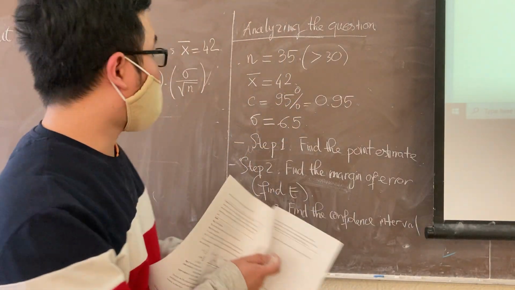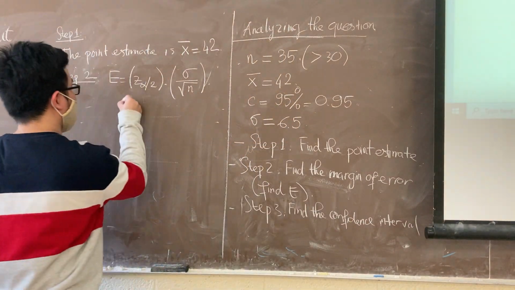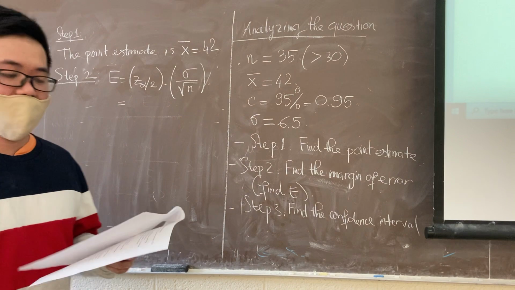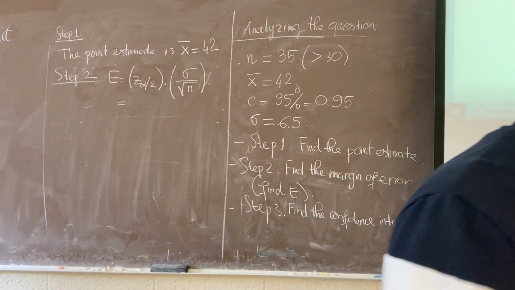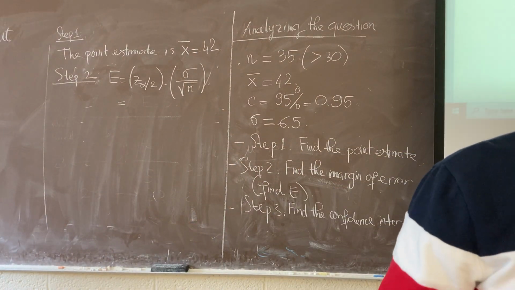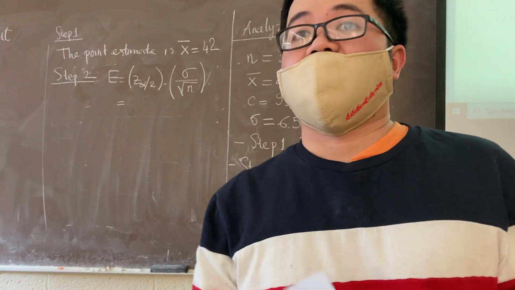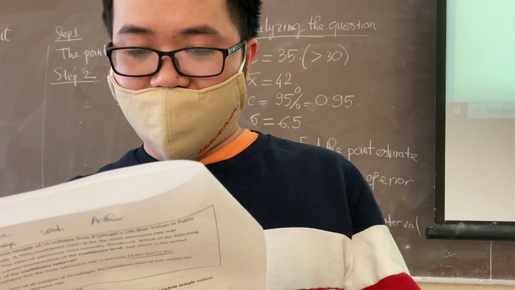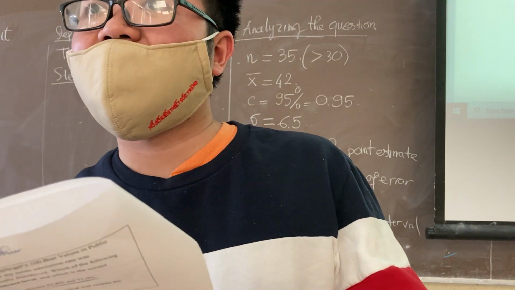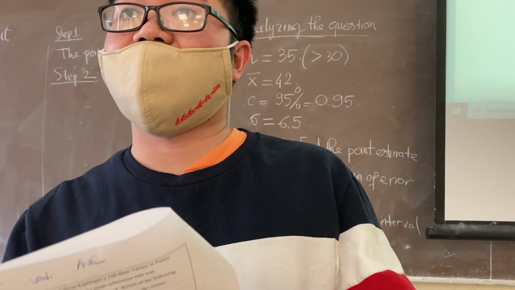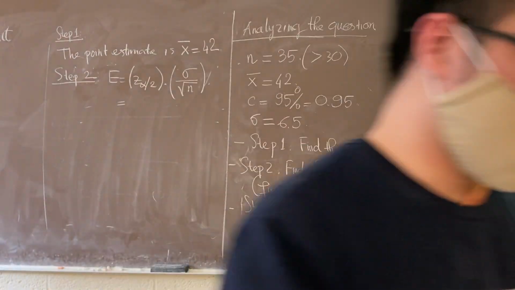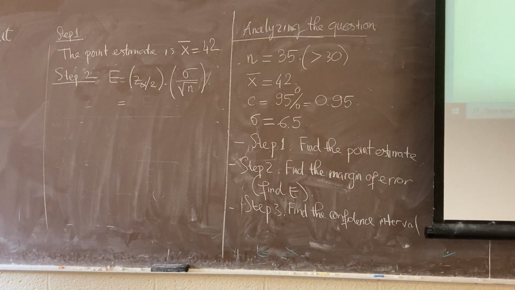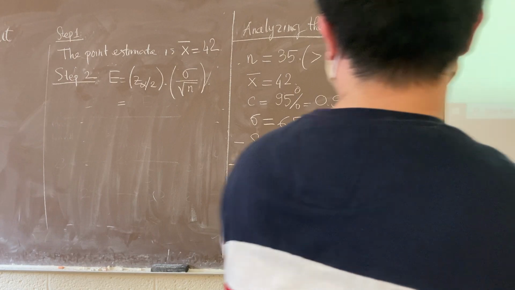So could you tell me what the critical value is here, if they give you the level of confidence 0.95? 1.96. Okay, what's your name, please? JV. Okay, JV, thank you.